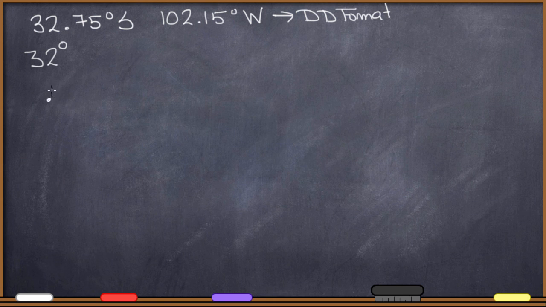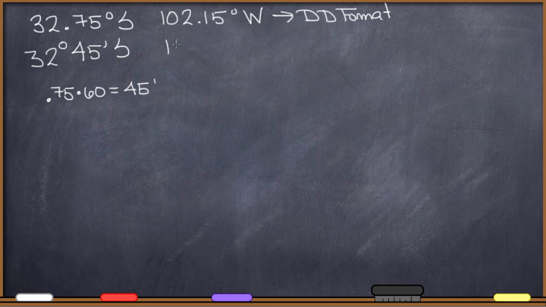Well, if I multiply 0.75 times 60, I will get the number of minutes. So if you can easily see that if I were to take 0.75 and multiply it by 60, I'm going to get 45. I get a nice even number here. So that's 45 minutes. 32 degrees, 45 minutes south.